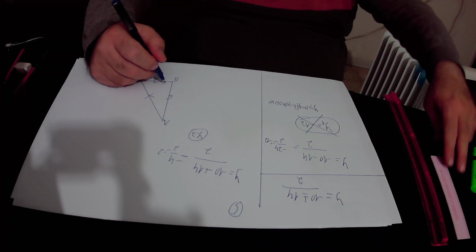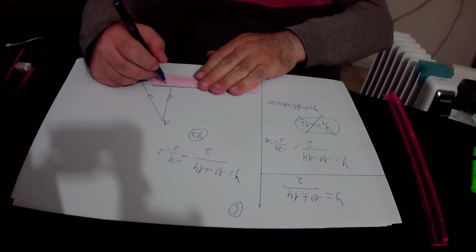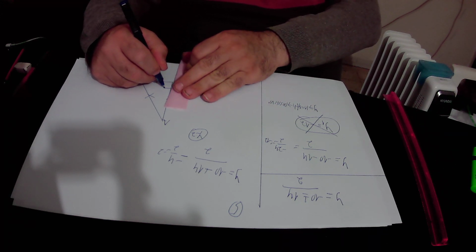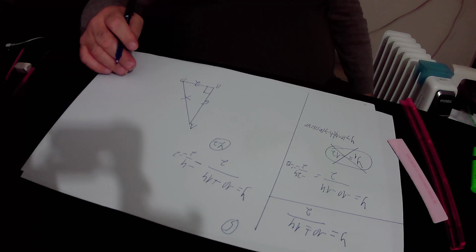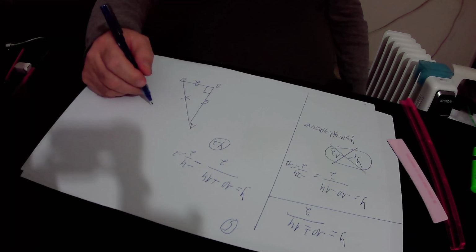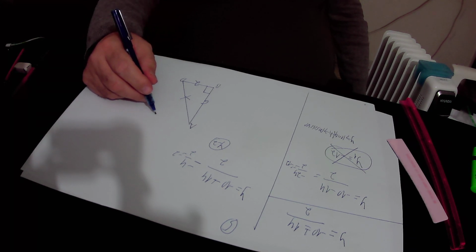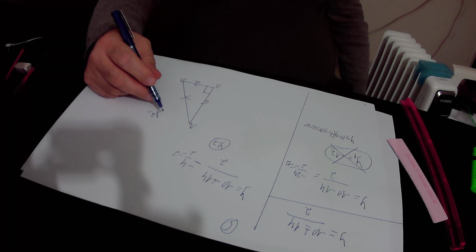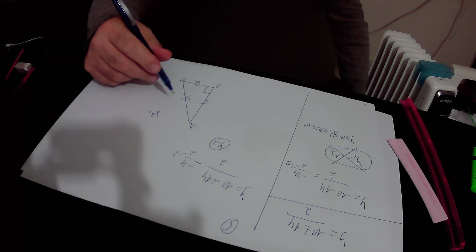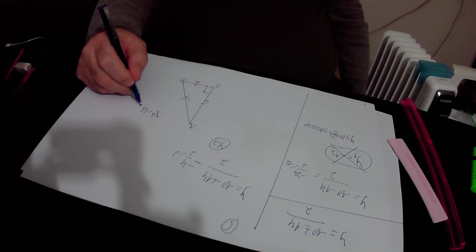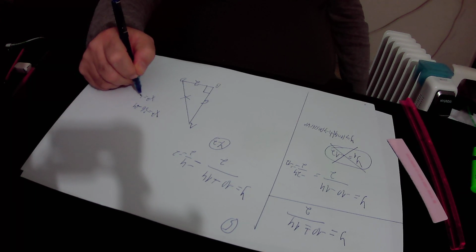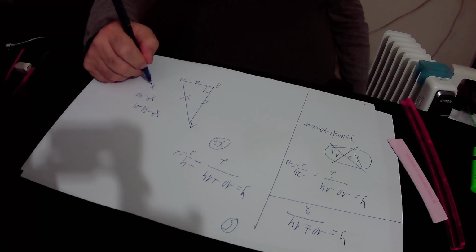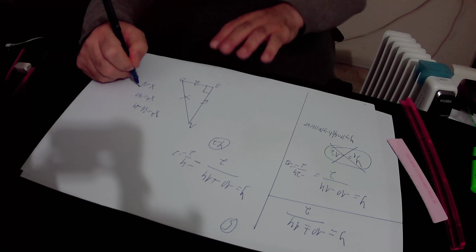So according to the Pythagorean theorem, the square of the hypotenuse equals the sum of the squares of the perpendicular sides. The square of the hypotenuse is x squared, and it is equal to 6 squared, that is 36, plus 2 squared, that is 4. So x squared equals 40. We take the root of this equation, and we get that x equals the square root of 40.